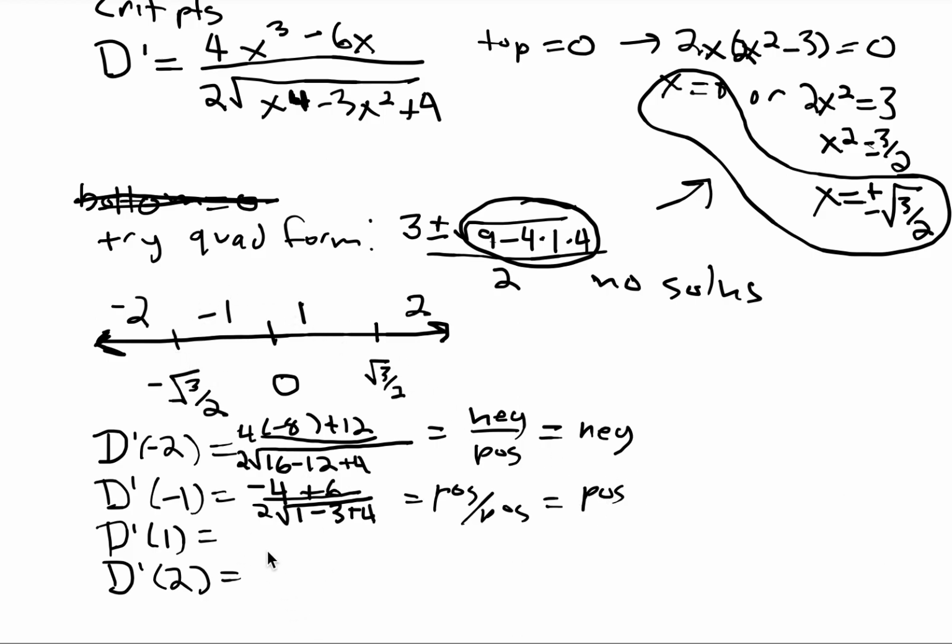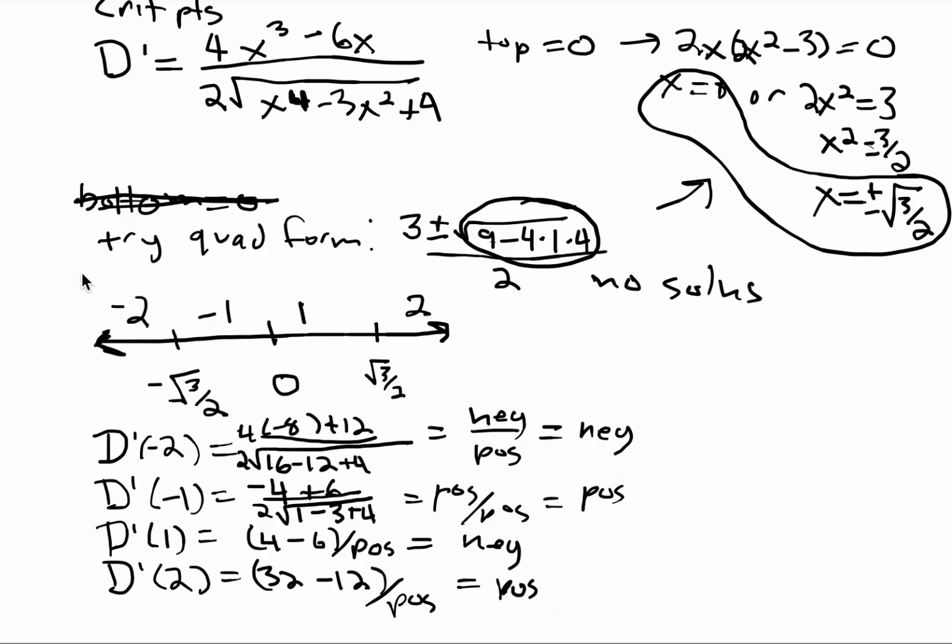And then if I try the rest of these again, basically I'll get 4 minus 6 here. You can verify me independently if you want. This is over a positive number, so I'm going to get a negative here, and I will get 32 minus 12 again over basically a positive number, so I'm going to get a positive here.